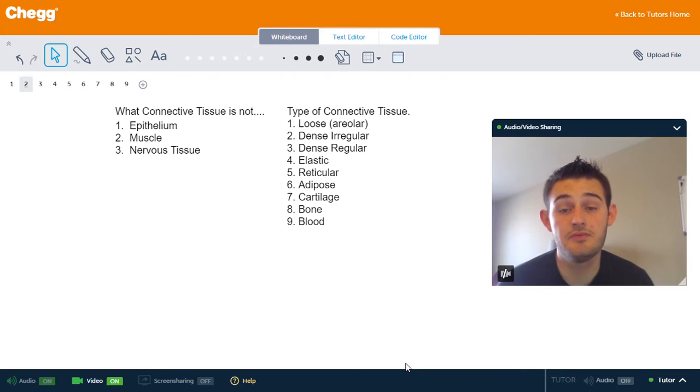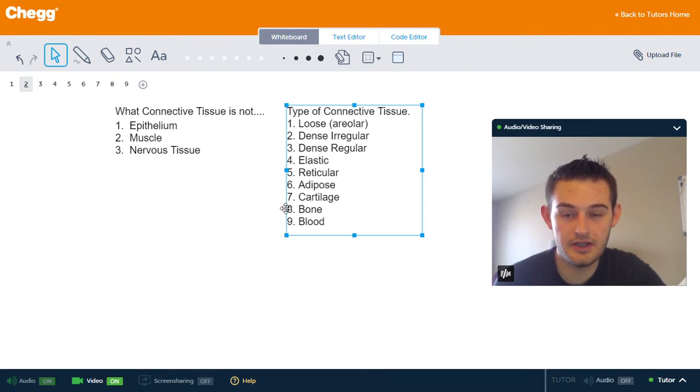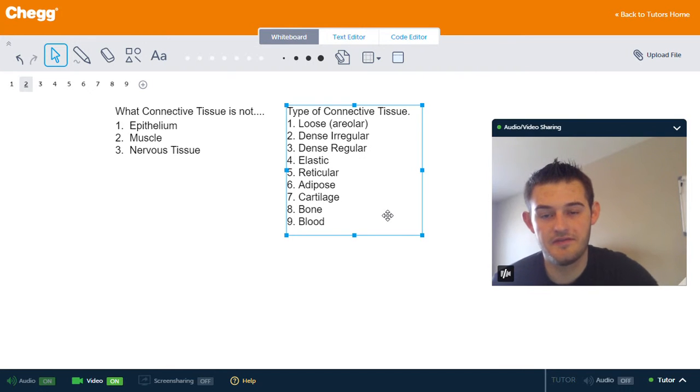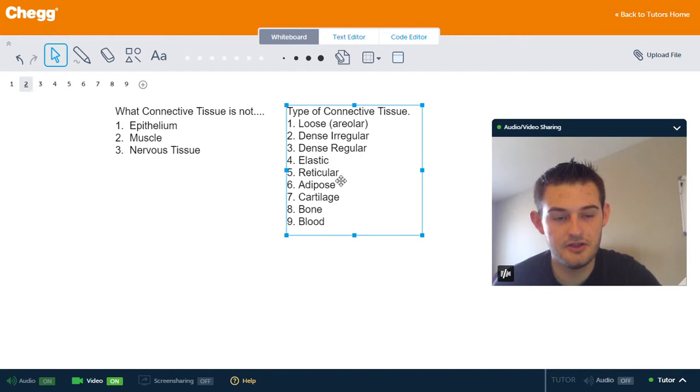A common theme we'll see in a lot of these connective tissues is that most of them will have a cell that ends in the word blast. So in types 1 through 3 here, the loose and dense irregular and dense regular, we'll see a cell type called a fibroblast. I believe that's also in the elastic and reticular cartilages, or connective tissues.